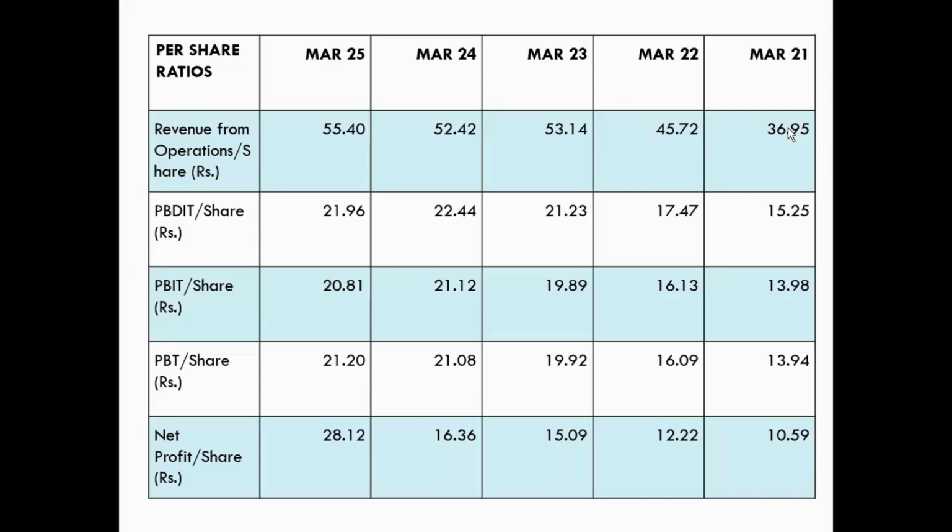PBT per share is 21.20, 21.08, 19.92, 16.09, 13.94. Net profit per share is 28.12 in 2025, 16.36 in 2024, 15.09 in 2023, 12.22 in 2022, and 10.59 for 2021.